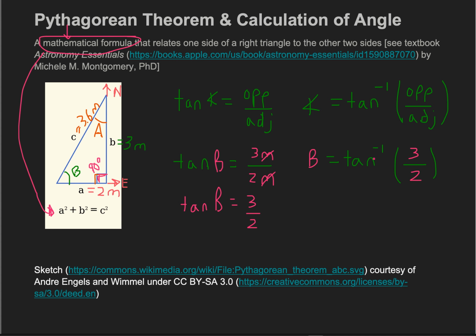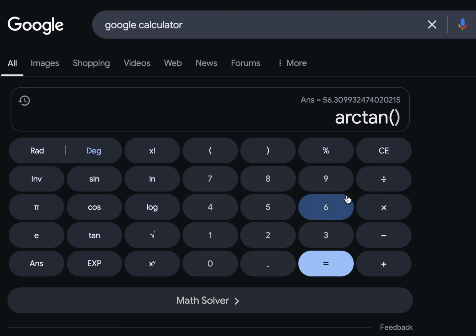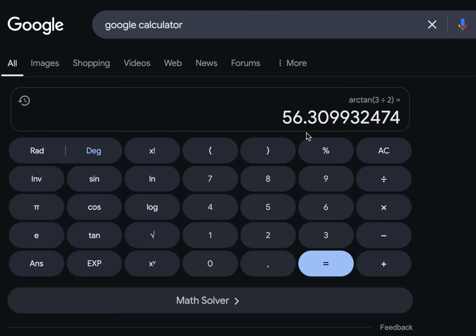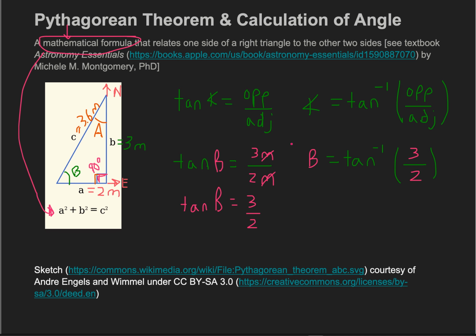Now we need to fill in our parentheses, which is 3 divided by 2. So we click on 3, hit divided by 2, and notice that the 3 divided by 2 is inside the arctan. We hit equal, and our angle is 56.3 degrees. So our solution is that angle B is equal to 56.3 degrees.